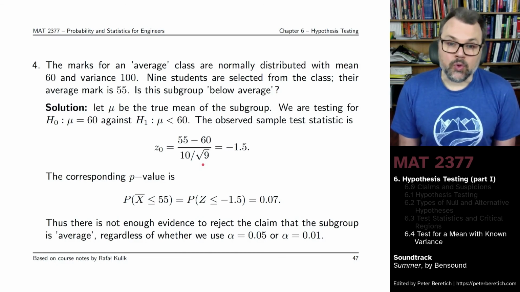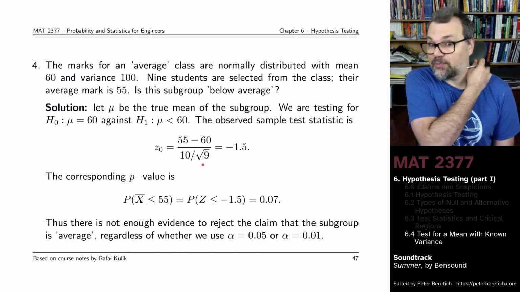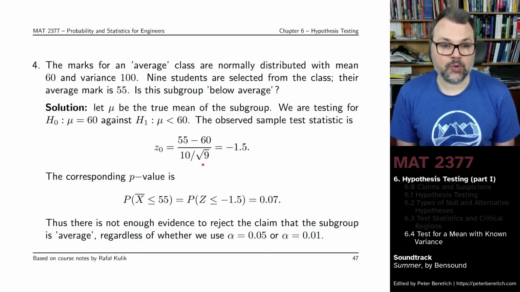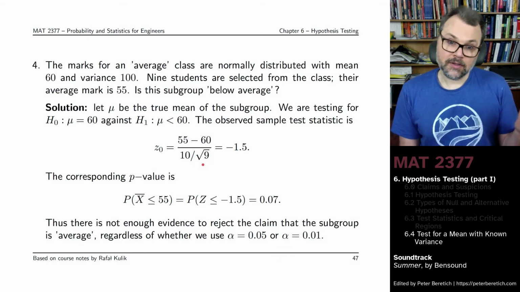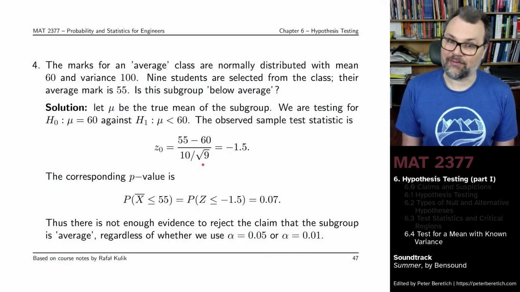Well, let's say that mu was the true mean of the new class that I'm working with, from which I've picked my 9 students. We're testing the null hypothesis that the true population mean is also 60%, that the true average of this new class is 60%, against the alternative that it is actually below 60%. I'm trying to test if this class is below average.